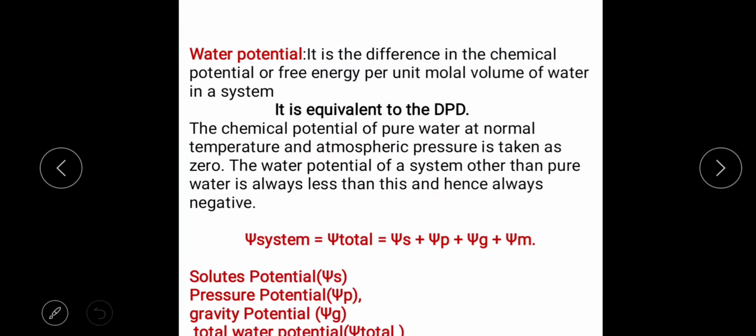So DPD is basically equivalent. So here, in the definition, add on that it is the difference in the chemical potential or the free energy per unit molar volume of the water in a system and that of pure water.